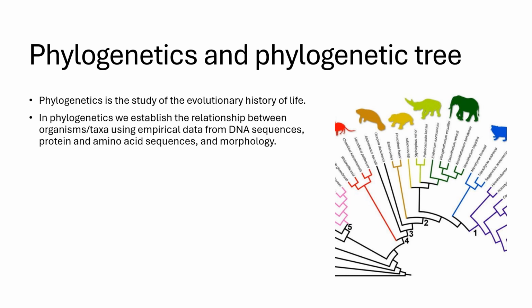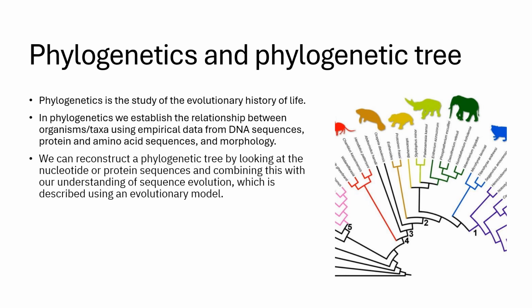They can be DNA sequences or morphological traits or physiological traits or protein or amino acid sequences. These can be used to establish relationships between taxa, and that's how we understand the evolutionary relationship of the taxa. This study of the evolutionary history and evolutionary relationships is known as phylogenetics.